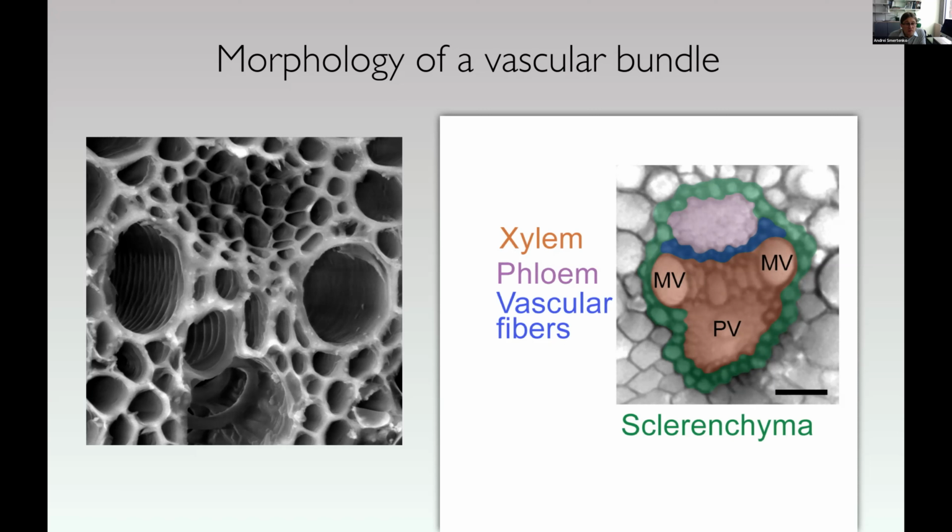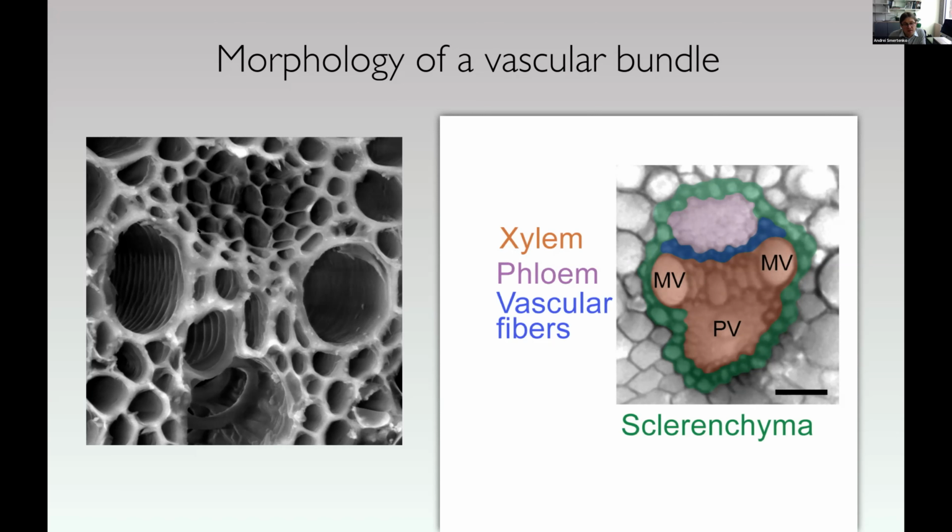Above, where we have the monkey forehead, we have another tissue called phloem. Phloem is responsible for transporting photoassimilates generated by photosynthesis from leaves to all other cells and organs in the plant. In between phloem and xylem, we have a layer of cells called vascular fibers.